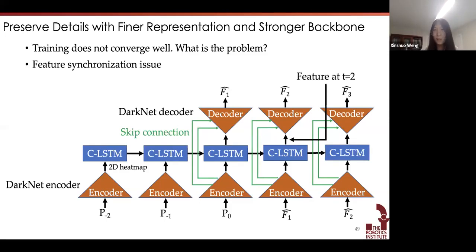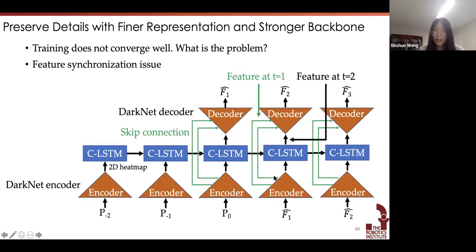Again, if you look at this model, for every frame that we're predicting, the hidden feature that is shown here after passing the convolutional LSTM is at t equals 2, right? Because it's already propagated through the LSTM and gotten to the next frame. However, the feature that we do skip connection with, shown in green, is still at t equals 1, right?